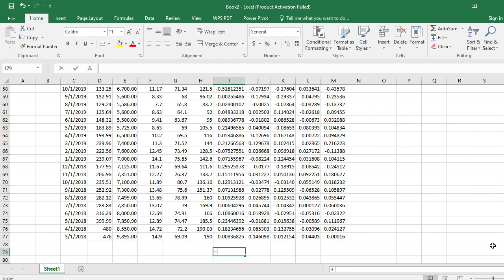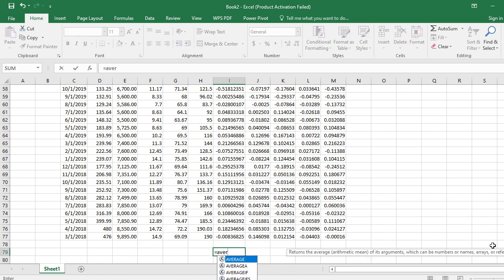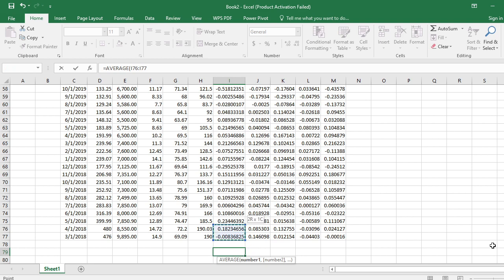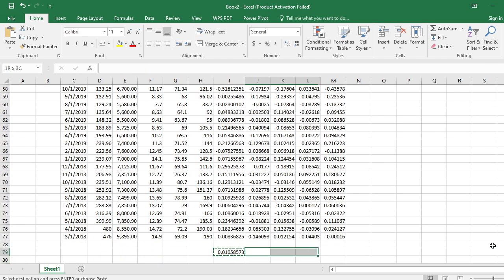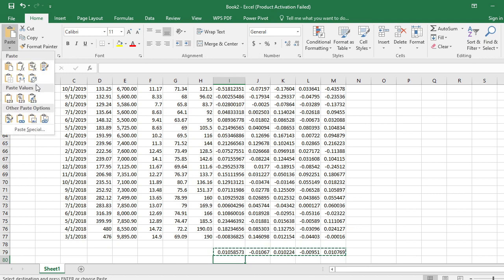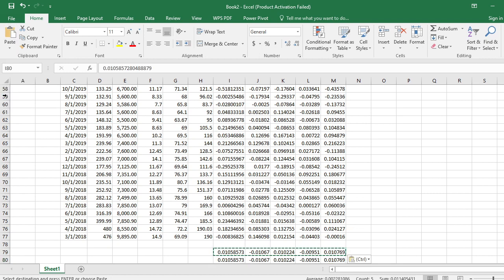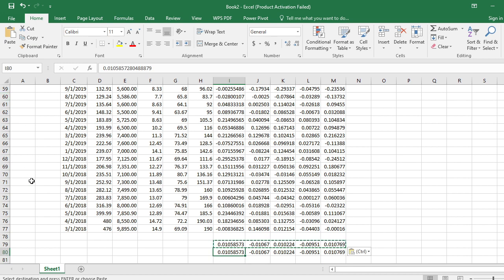Compute the average return. And for some reason, I'm going to copy paste as value. Right.